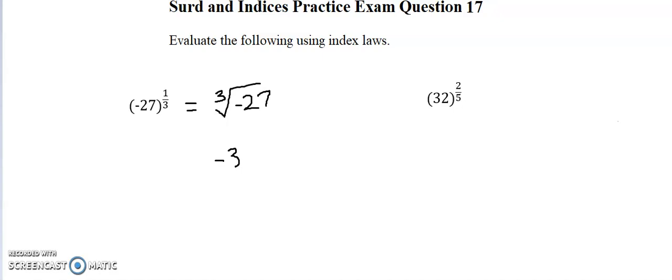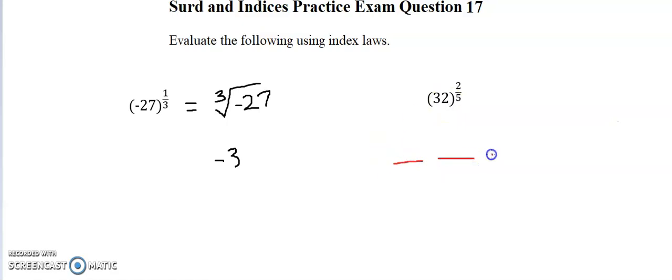Now, the first thing I want us to think about here is, again, really think about what that means. So another way of thinking about that is saying that I'm looking at 5 numbers that times together to equal 32.